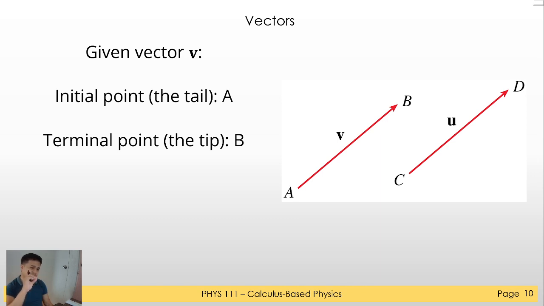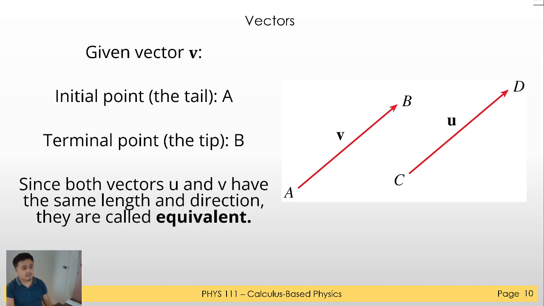Now we have the initial point and the terminal point, we have this length, and we have this direction. Assuming that these U and V vectors have the same length and point in the same direction, they are considered equivalent. Another thing about vectors is that sometimes a vector doesn't have a length, so we call it a zero vector.